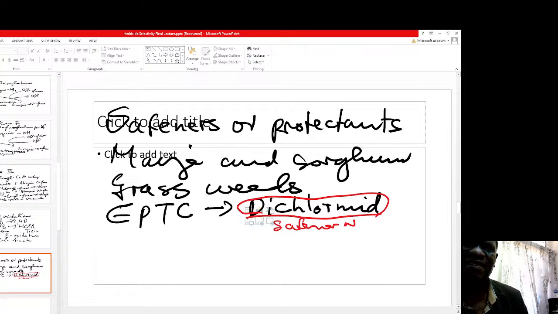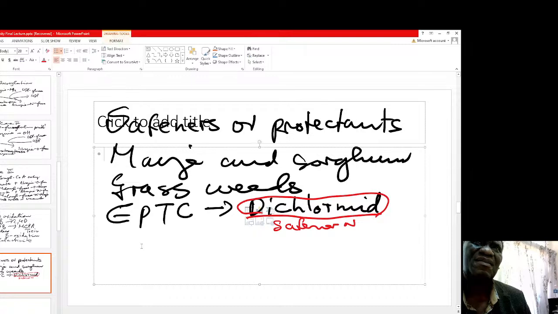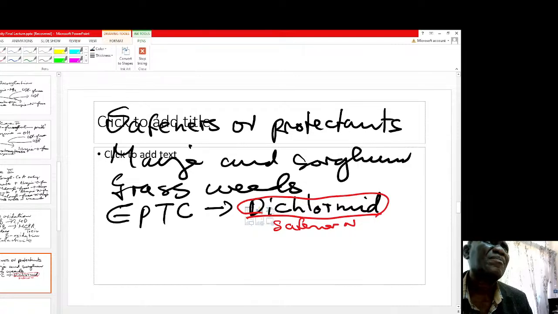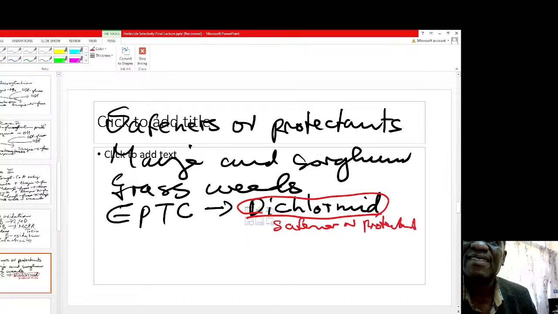Now the manufacturers of EPTC have got to include dichlormid within the formulation.